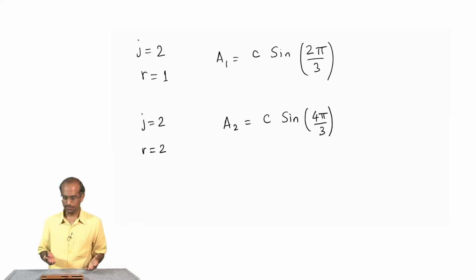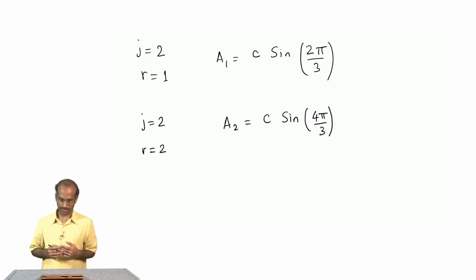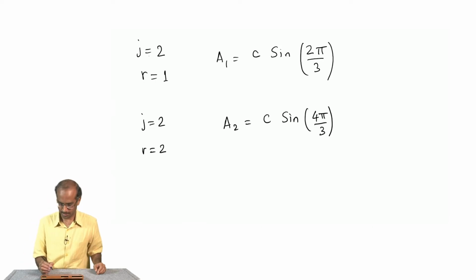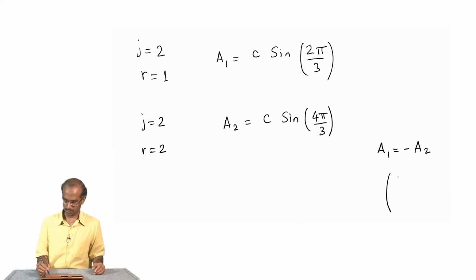It is easy to verify. Again you can put in the values for sin 2 pi by 3 and sin 4 pi by 3. You will notice that A1 is equal to minus A2. So, that would correspond to saying that my normal mode is (1, minus 1).